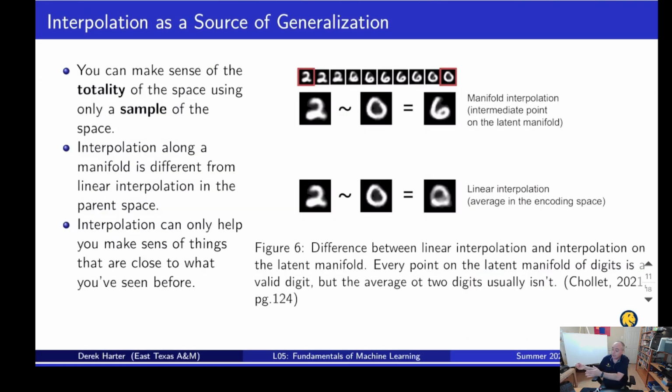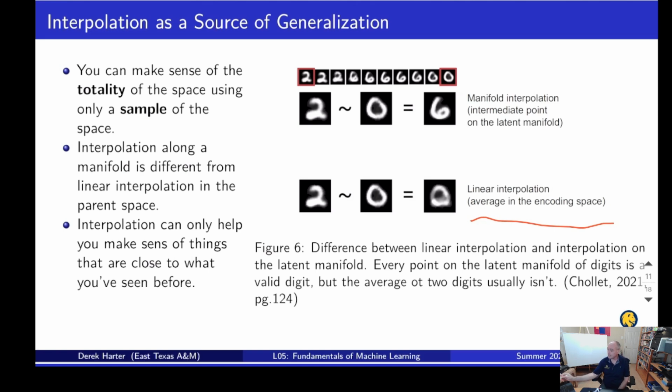So just a little bit more about the idea of interpolation. Interpolation is not linear interpolation. It's not averaging 2 values in the encoding space, right? So usually if you take the average of 2 digits that are actual digits in the MNIST manifold, you'll get something that doesn't look like a digit, that wouldn't appear as something that people would naturally create when trying to write a digit.